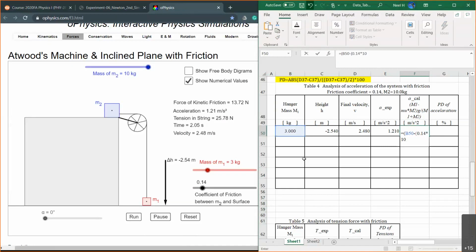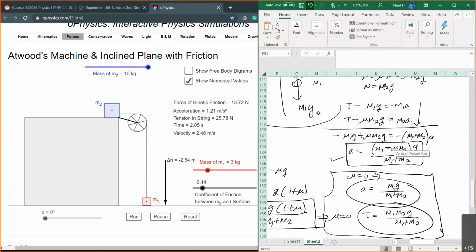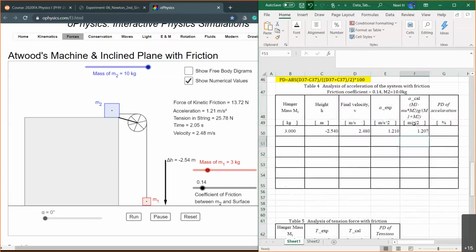I'm keeping it, close brackets twice, times 9.81, divided by parentheses, cell number B50 plus 10 kilogram, close brackets, hit enter. If we did everything correctly and our prediction is correct, then we should get exactly the same answers. Yeah, very close.